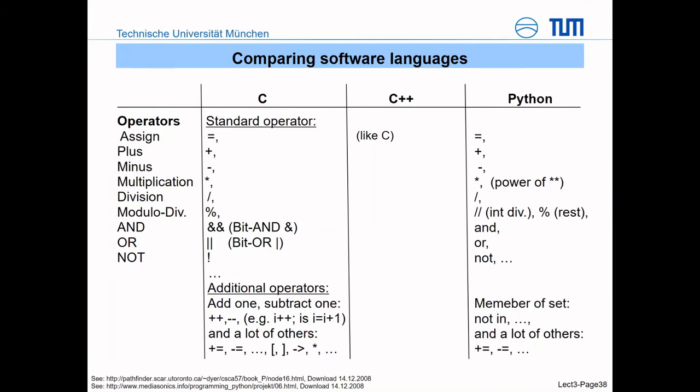And then you can have additional operators. For example, in C you have a plus plus, which is an iteration by one, and things like that. So that you have small differences, but a lot of similarities.